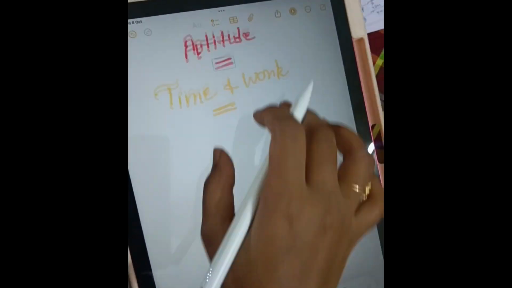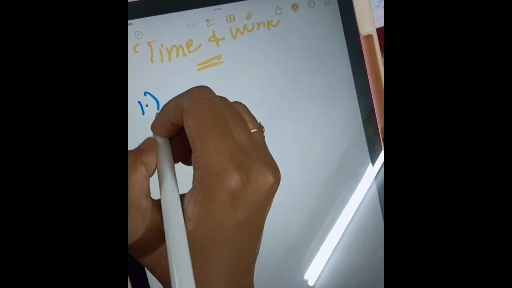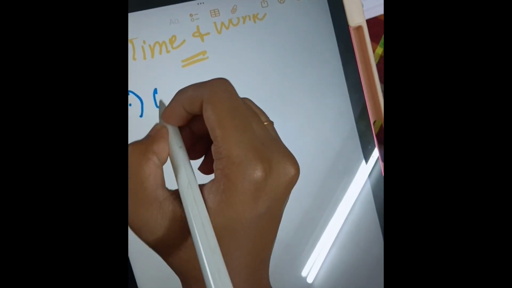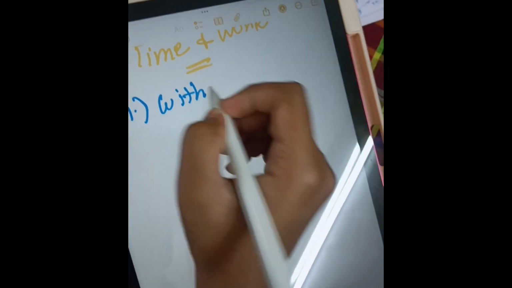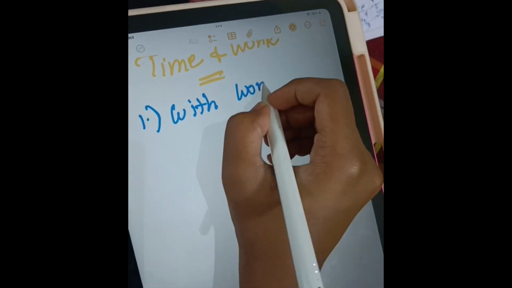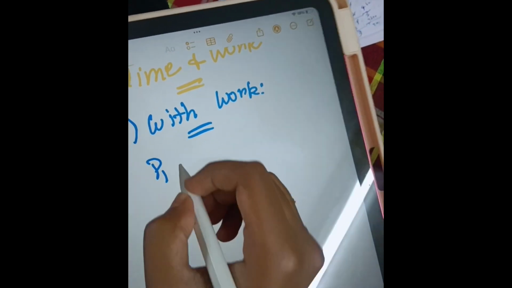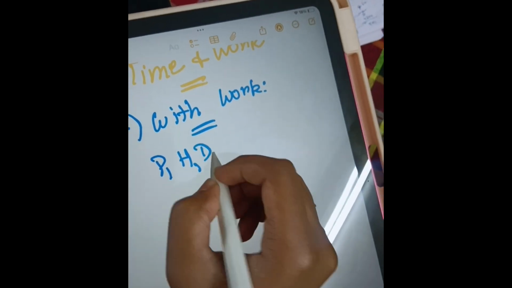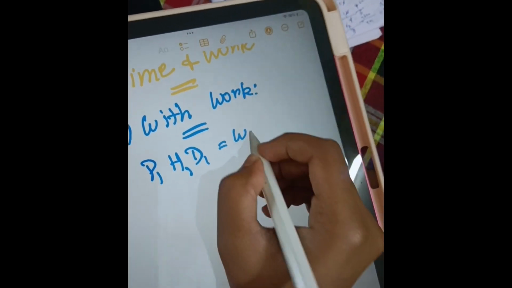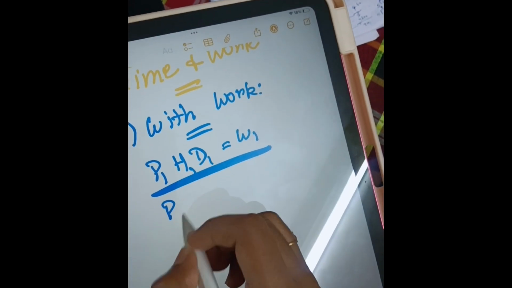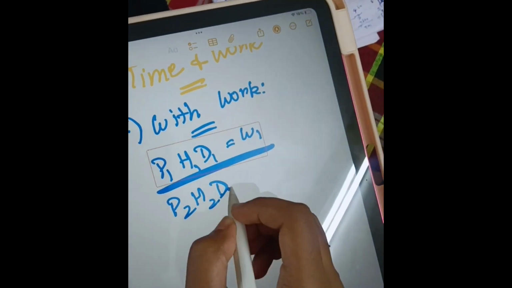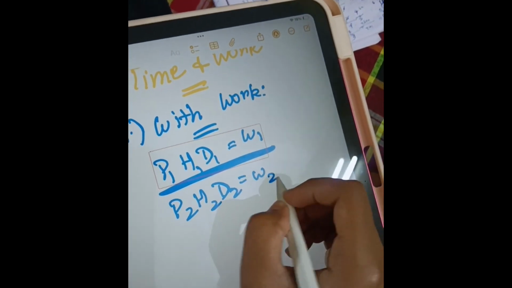So time and work. Let's begin with the formulas. Time and work consists of two types of formulas. The first one is when the work is given. When the work is given in the question, you have to use this formula: P1 H1 D1 equal to W1 by P2 H2 D2 equal to W2.